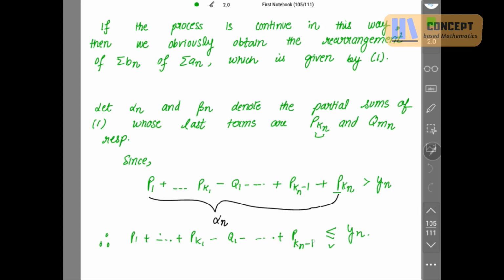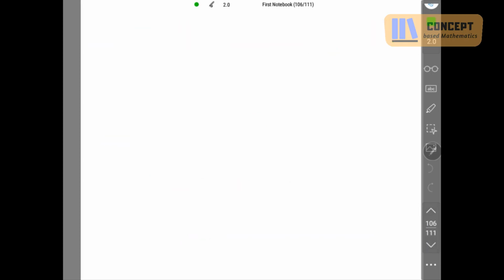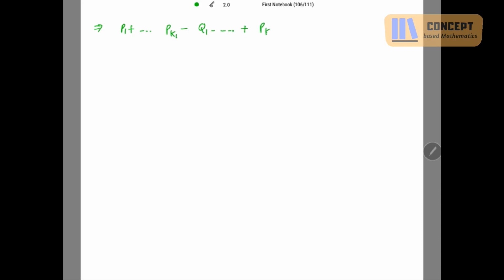So let's add this p_{kn} on both the sides. So I'm adding this, which implies p1 minus q1 up to p_{kn} minus 1. This we are having. Okay, let's add this p_{kn} again on both the sides.